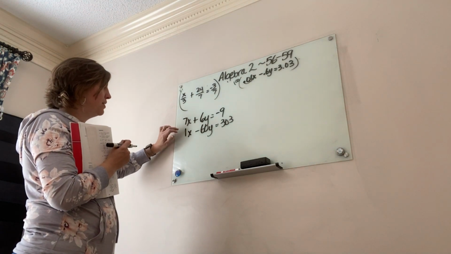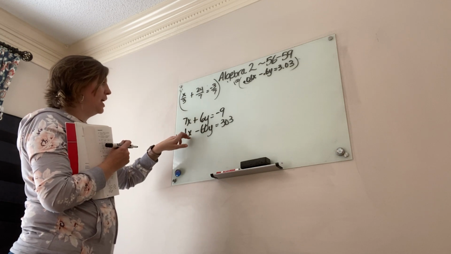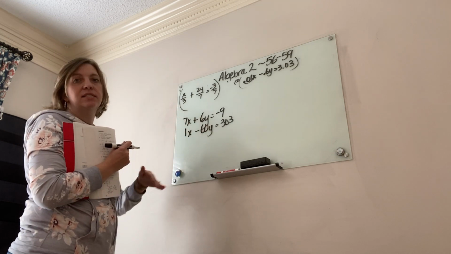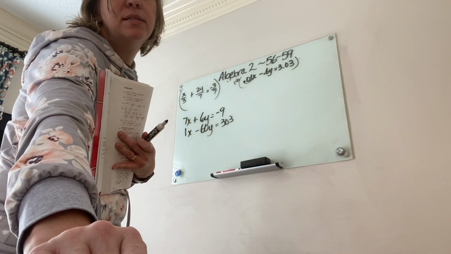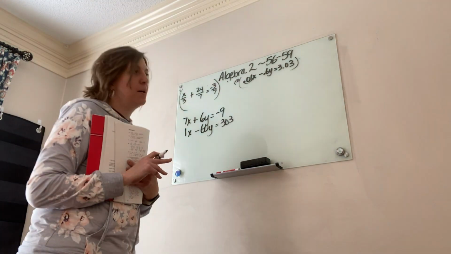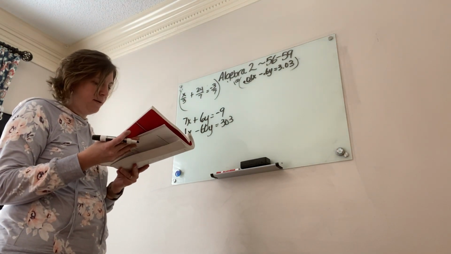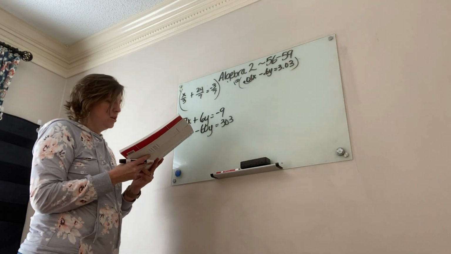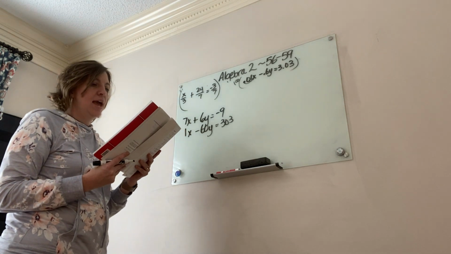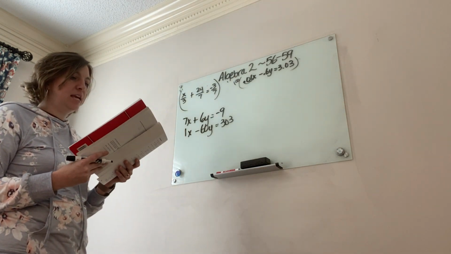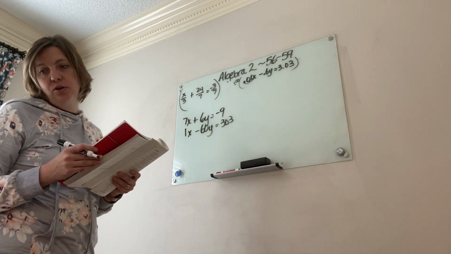I could multiply this one by -7 and then eliminate, or I could isolate this x and I can substitute it in. So either one of those is a valid way to be able to solve that. Okay? I'm not going to take the time to do that just because I know that you guys have used substitution and elimination.